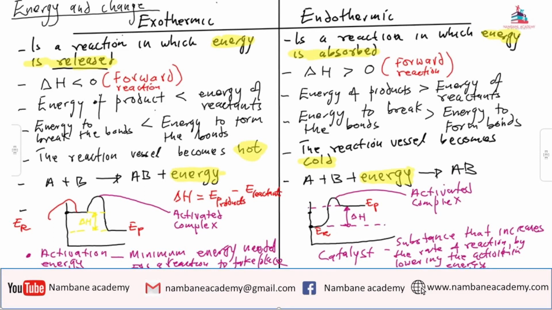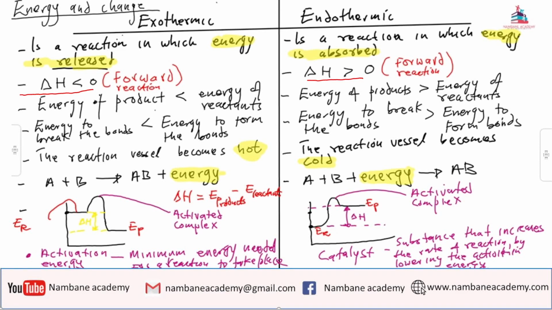The examiner can further say energy was absorbed, without giving us any value or any information about delta H. So we can associate that with exothermic and endothermic. Furthermore, they can easily say delta H is less than 0, or delta H greater than 0.